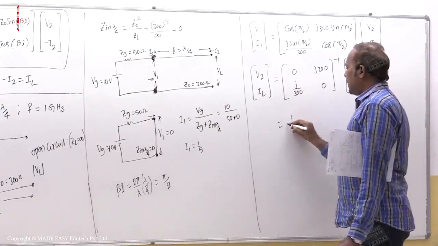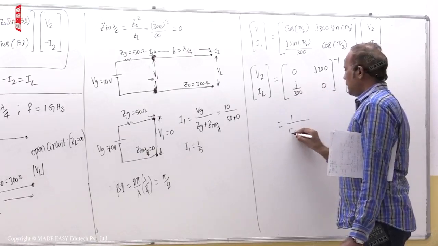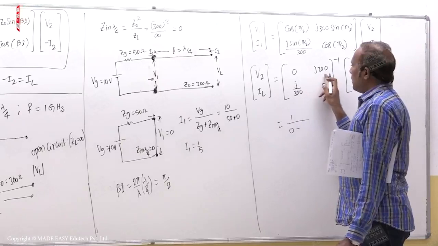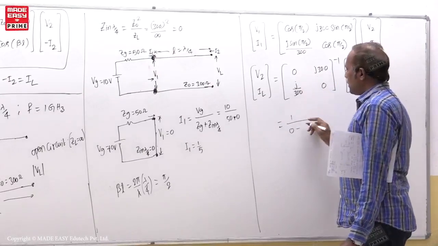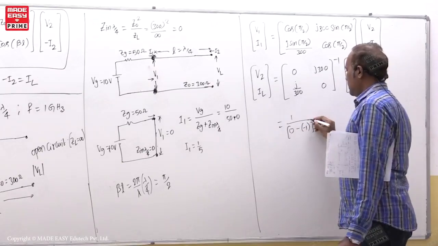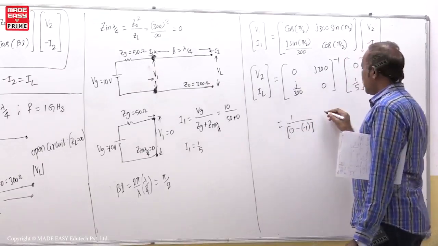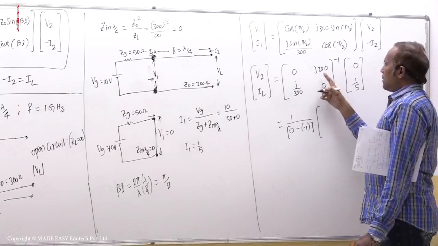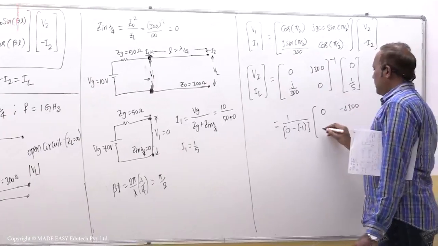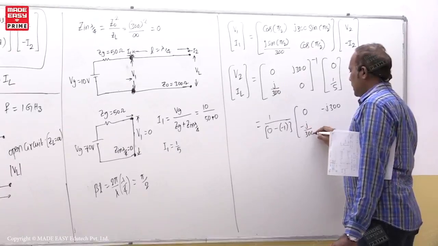Interchange them. 1 by AD minus BC, A into D minus B into C. 300 and 300 gone, j square is minus 1. That gives you 1, students. Next, interchange them: 0, 0. Next, minus of j300, minus j300.